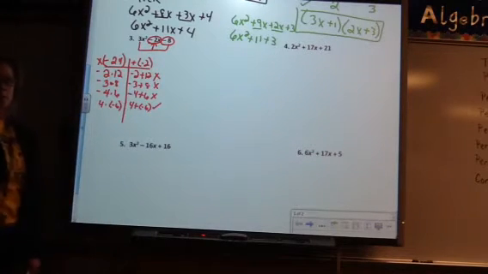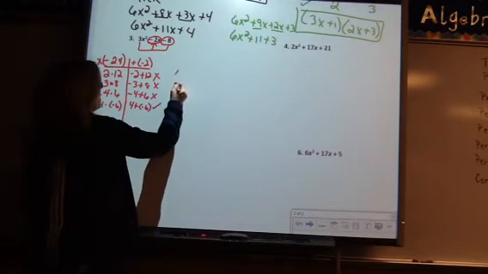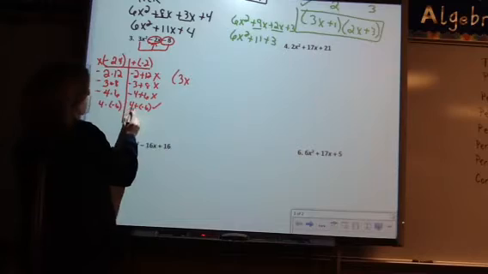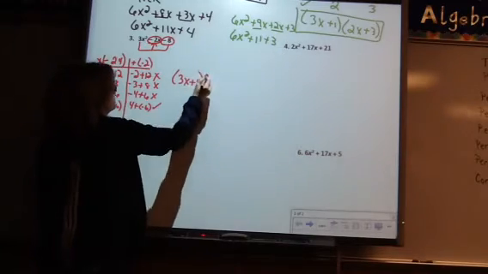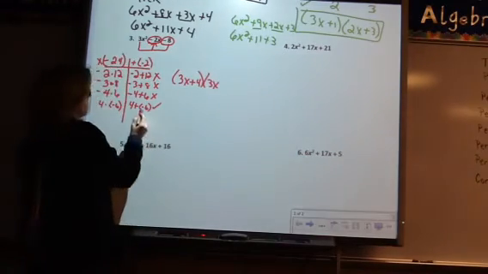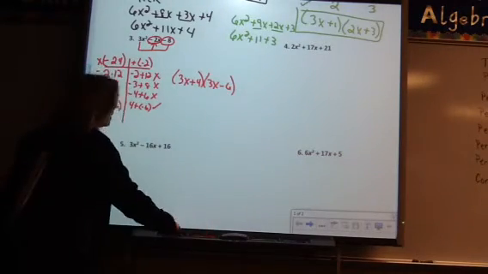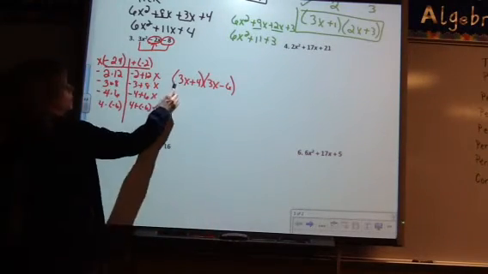So those are my factors. So I have 3x, bring down my coefficient a, plus 4, 3x minus 6.